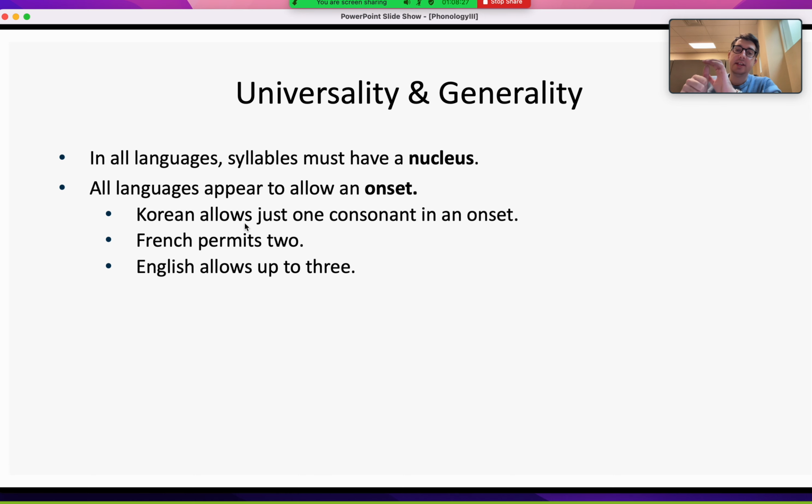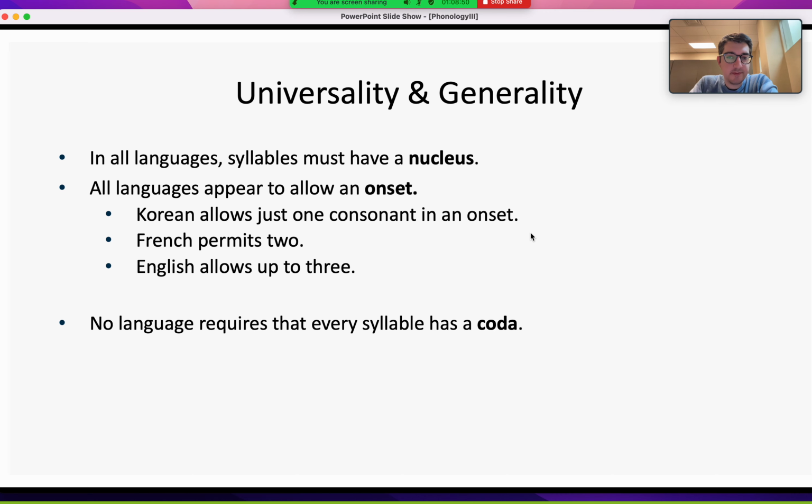Korean allows just one consonant in an onset. French permits two. English allows up to three, as in the word straight. Yeah, straight, that's a better example. Or street, right? This would be a three sound onset.